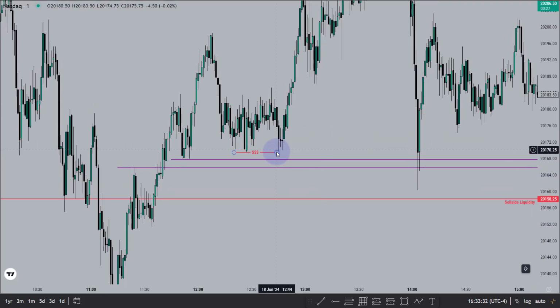It didn't tap into this bullish fair value gap, but where did it reach? Just look over here, on the left corner, the low is 68.50. Just remember 68.50. So the low is actually 68.50.